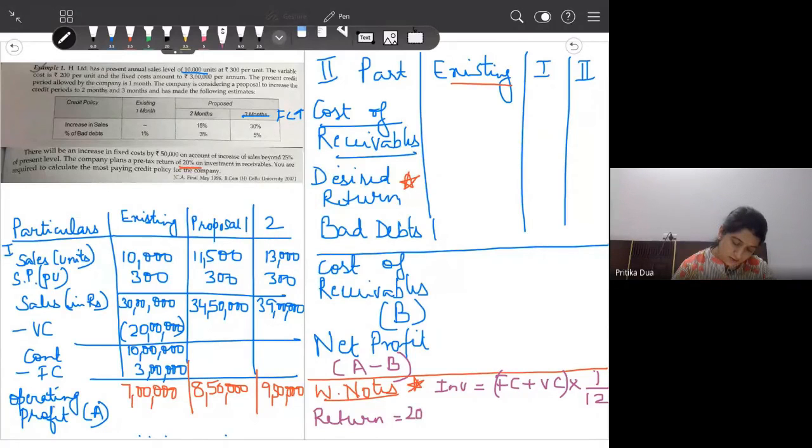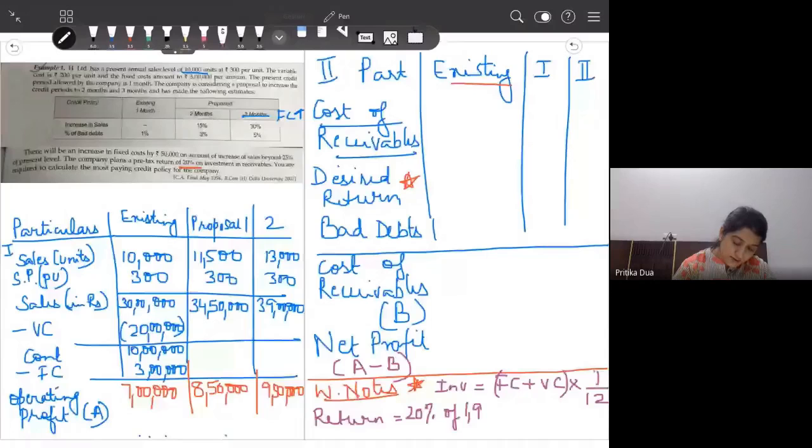So 20% of 1 lakh 91,667 comes to 38,333.